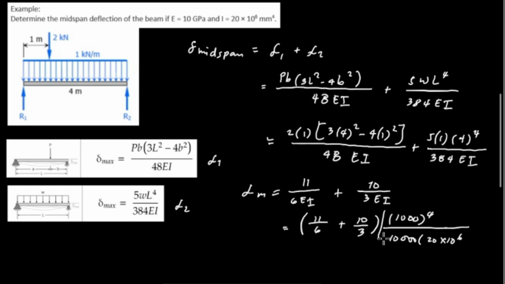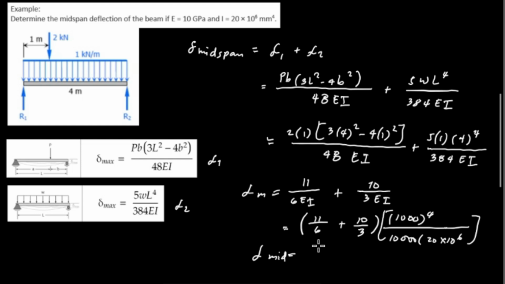And the deflection at midspan is equal to 11 over 6 plus 10 over 3. The value is multiplied by 1000 to the fourth all over 10,000, and divided also by 20 times 10 to the power 6.